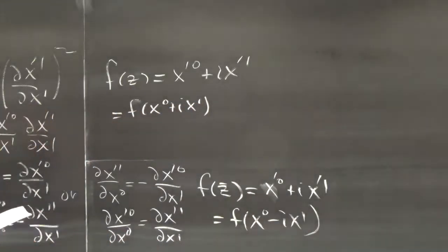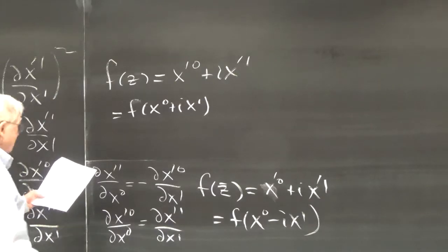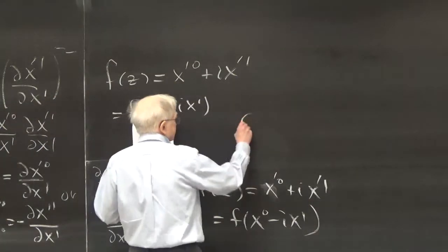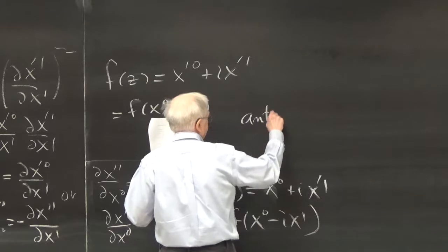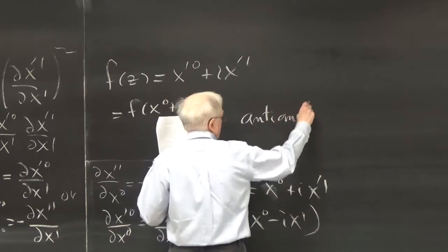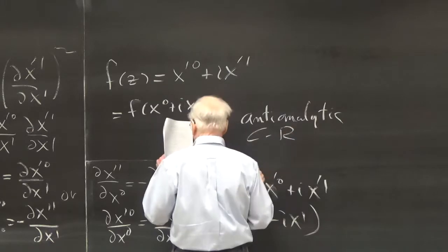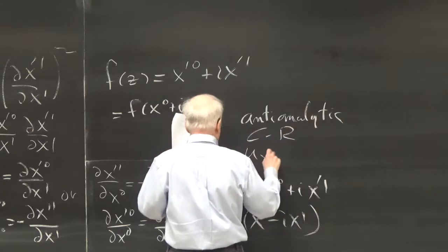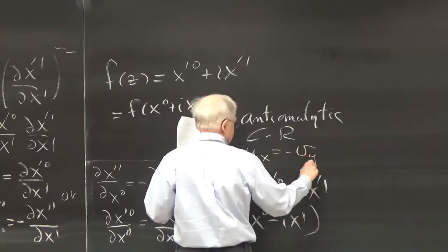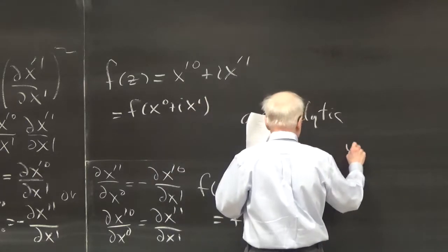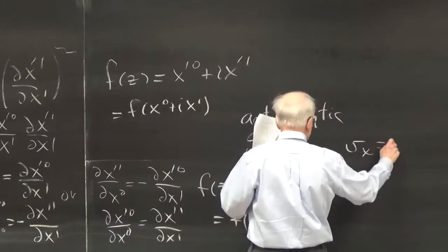And so the anti-analytic CR equations are u sub x equals minus v sub y, and v sub x equals u sub y.